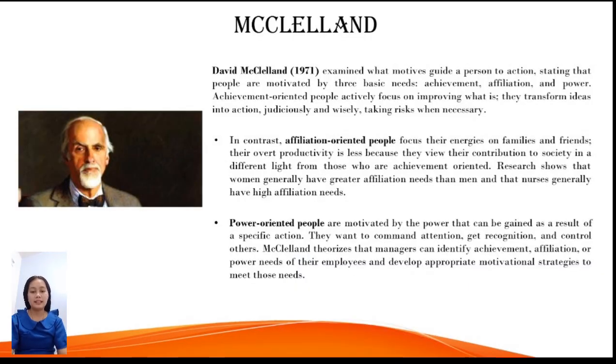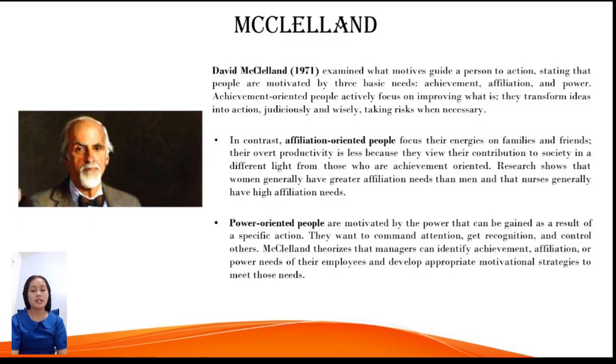David McClelland in 1971 examined what motives guide a person to action, stating that people are motivated by three basic needs: achievement, affiliation, and power. Achievement-oriented people actively focus on improving what is, and they transform ideas into action, judiciously and wisely, taking risks when necessary.